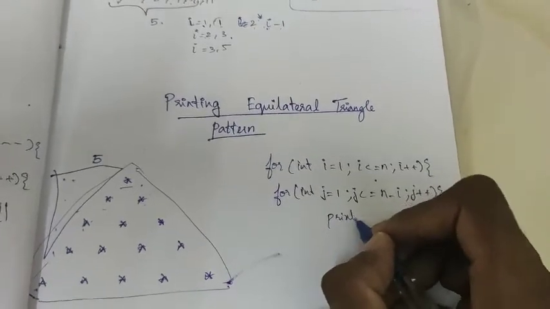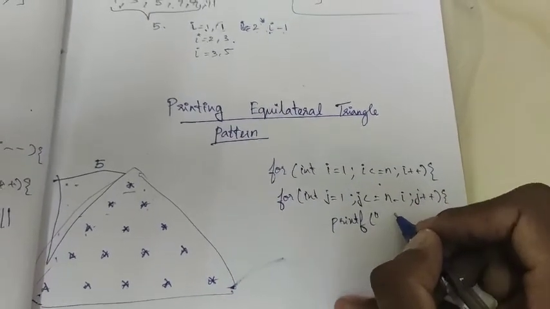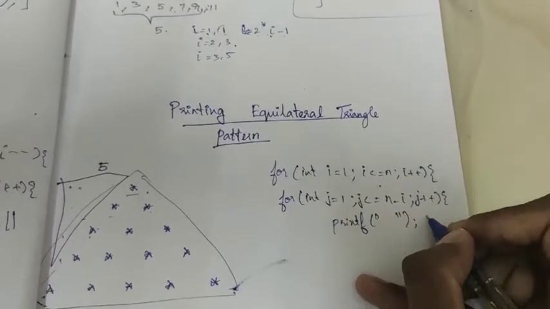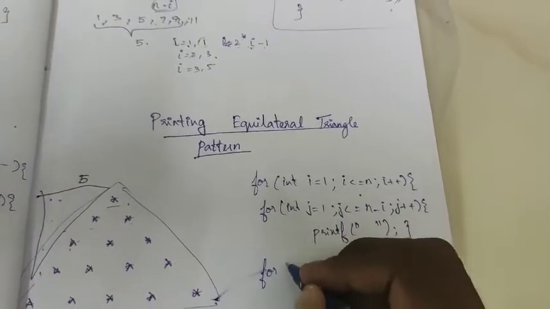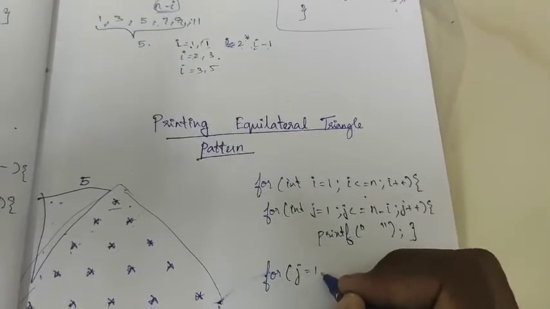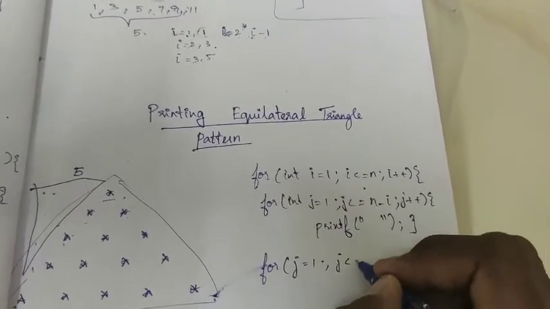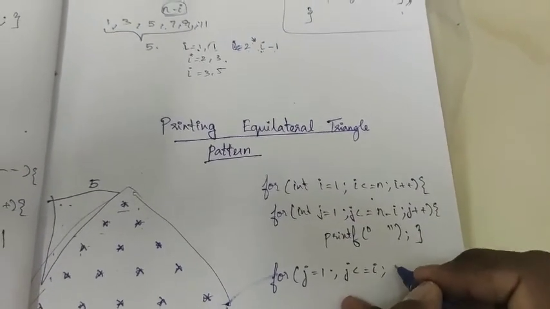Print the space first. So this is for printing spaces, and for j is equal to 1, j less than or equal to i, j plus plus.